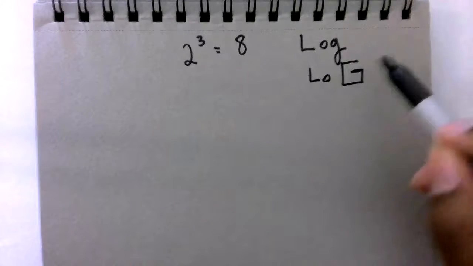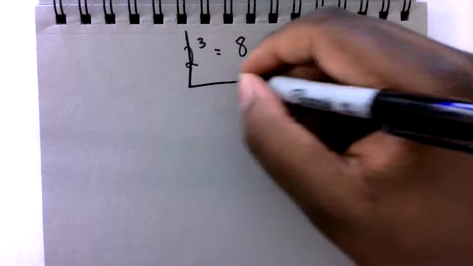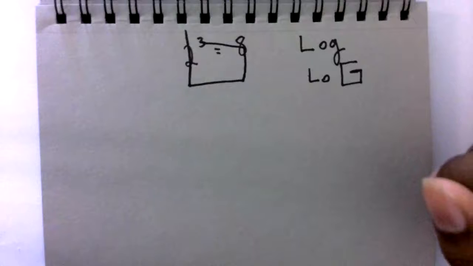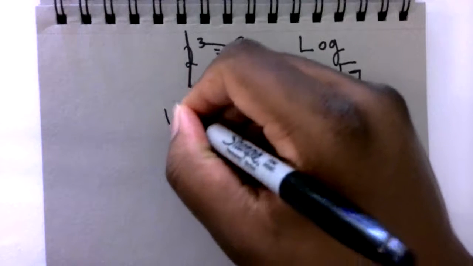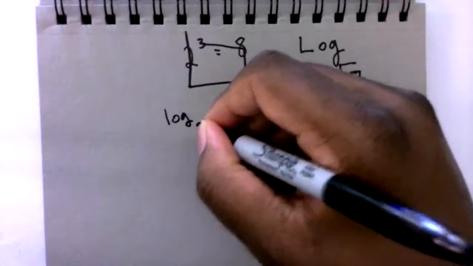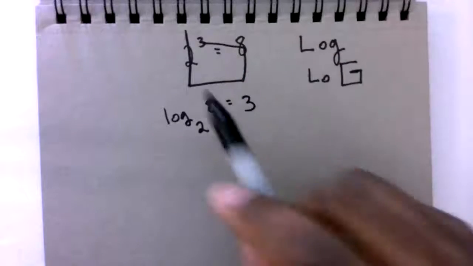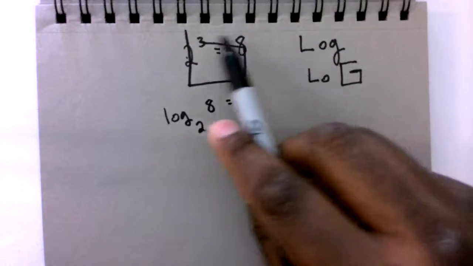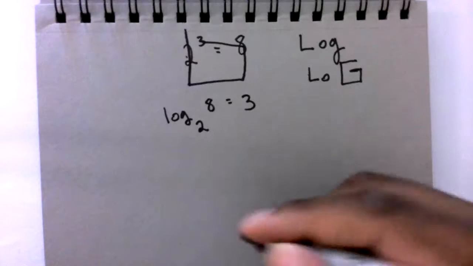You think about log as a G. So if I wanted to turn this into a logarithm, I start here, hit 2, hit 8, and hit 3. Why? Because this means log base 2 of 8 equals 3. You see how I went in order? Hit 2 first, then hit 8, then hit 3. I replaced it like that.